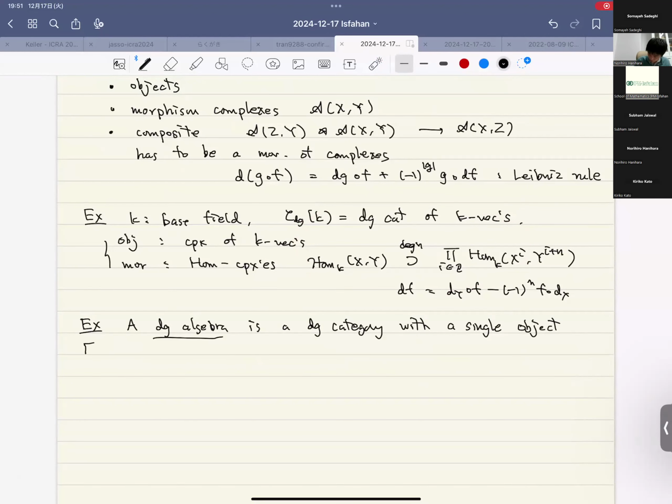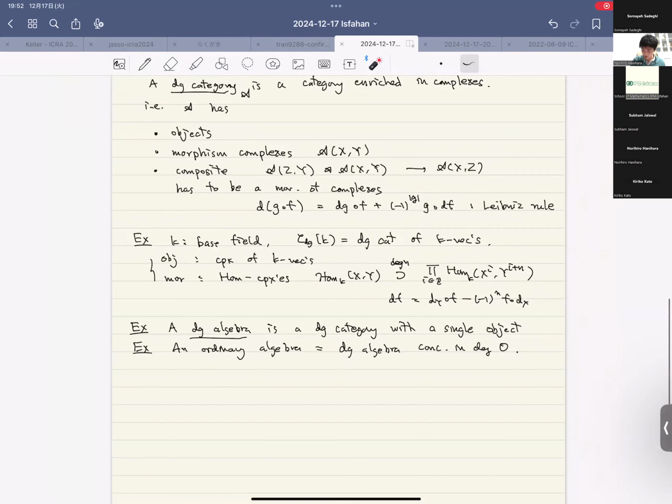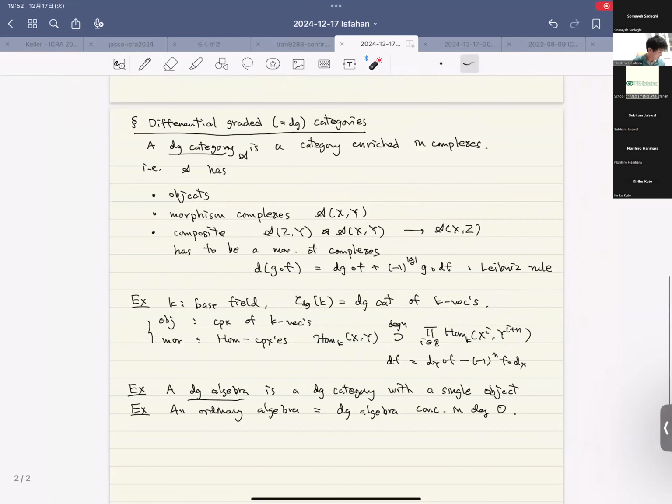An even simpler example is just an ordinary algebra, which is a DG algebra concentrated in degree 0. And the well-known slogan is that DG categories are an enhancement of triangulated categories.